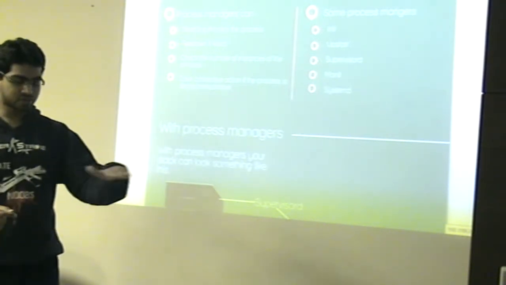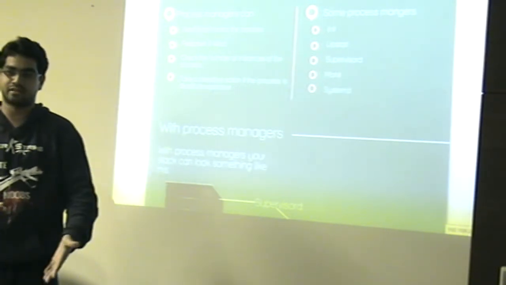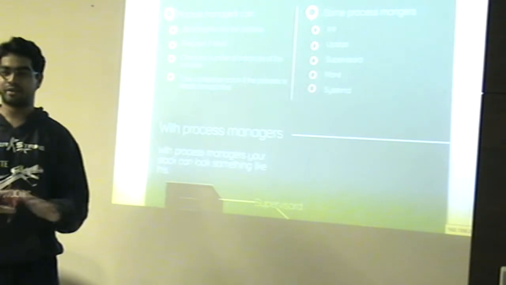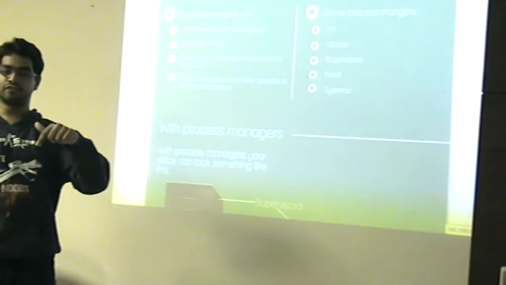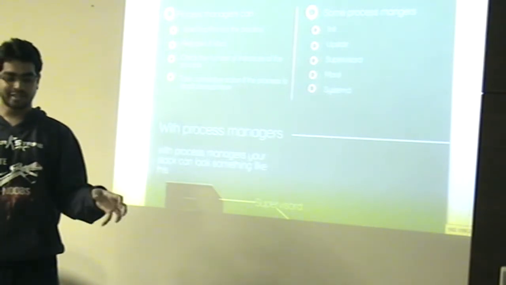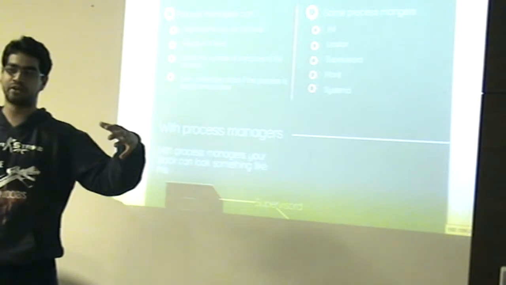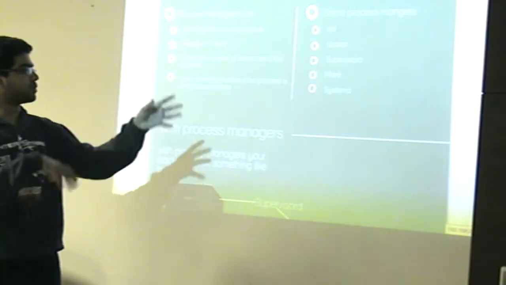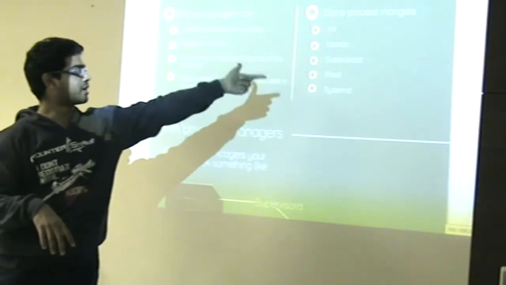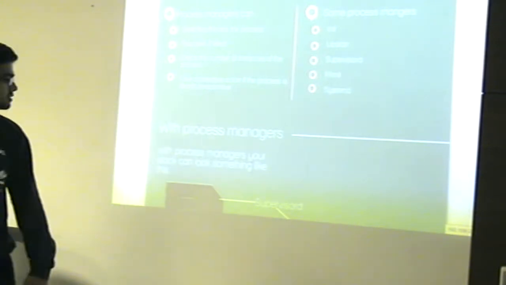So init starts those processes in a serial way, and then during shutdown it will shut them down in a serial way. That's it. It doesn't do anything better than that. Things like Upstart are way better than Init because it can do things like: if the file system is up, I'll bring this process up. If the network is up, I'll bring this process up. So these kinds of dependencies are better handled by Upstart and the rest of the process managers.